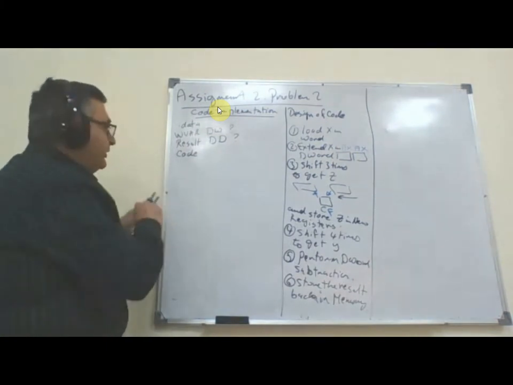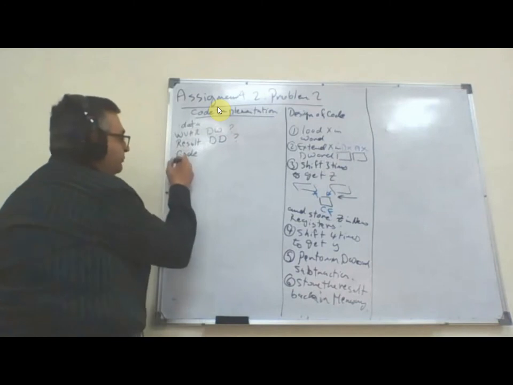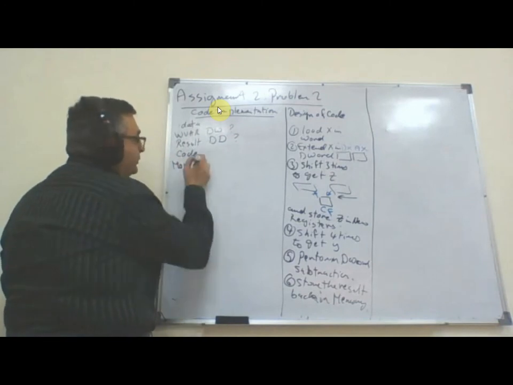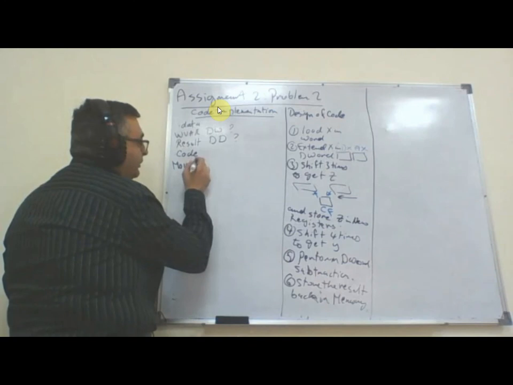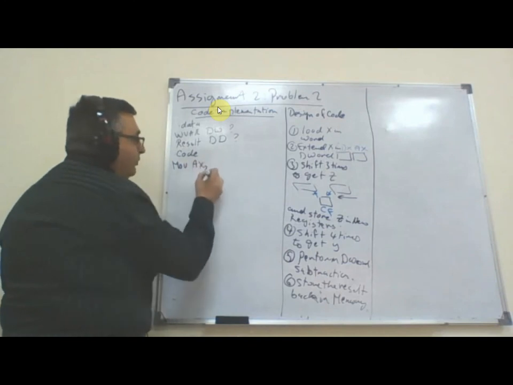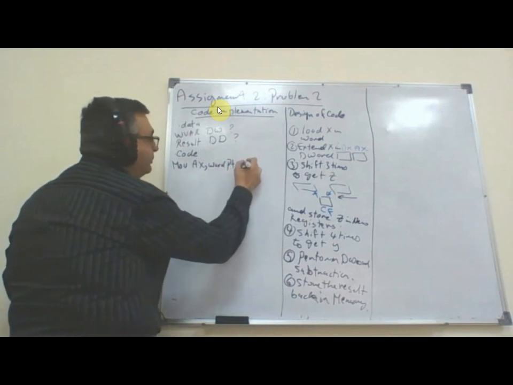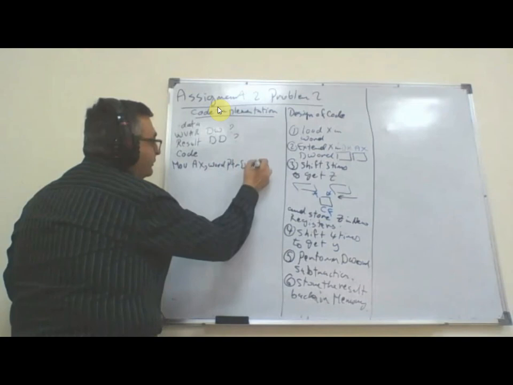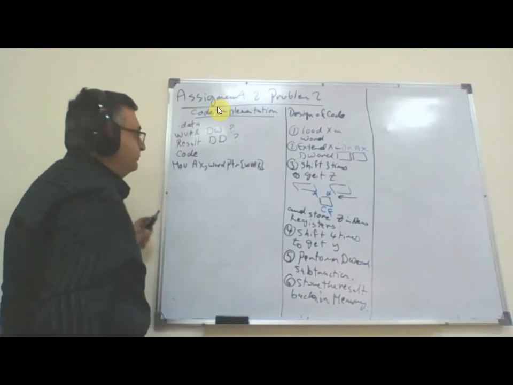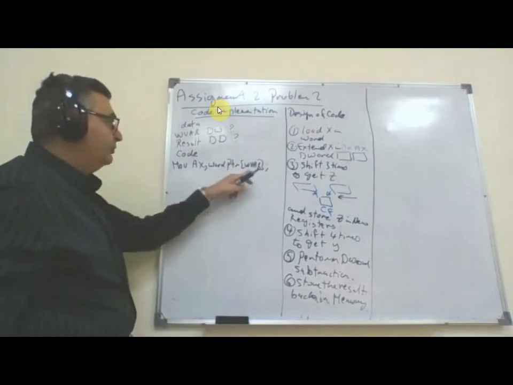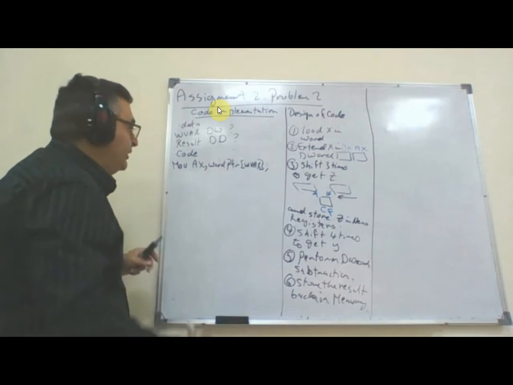So here I will first move in the AX, I will move word PTR W var. Loading the value into AX.